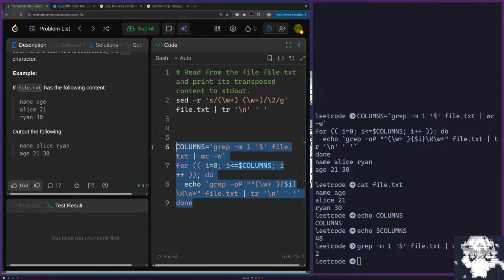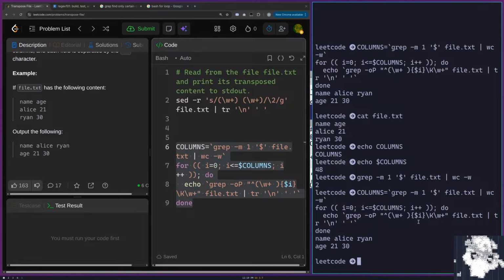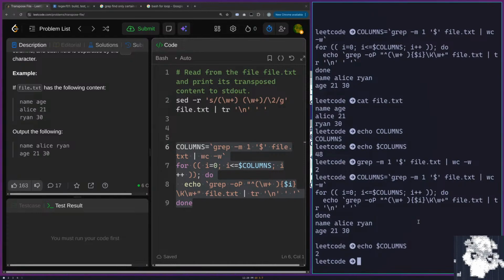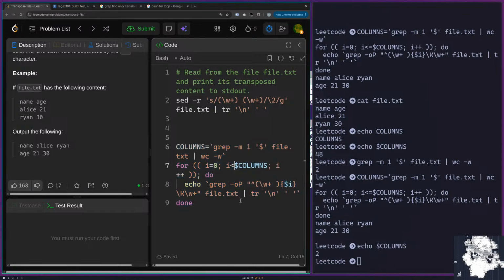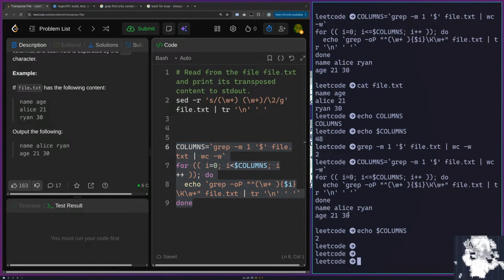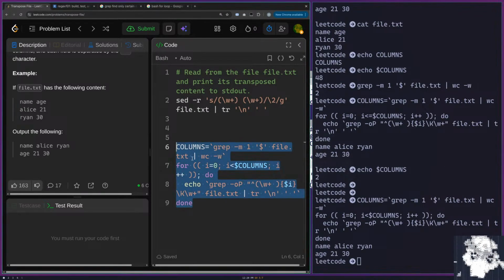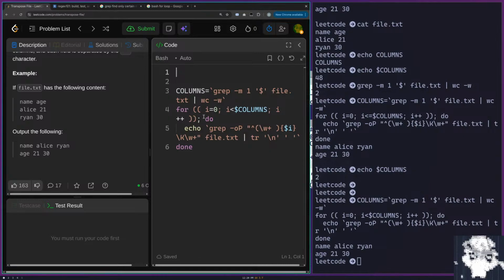What? Echo $columns. It is 2. Okay. Where's the extra new line coming from? Oh, should I just do strictly less than columns? I forgot how regular programming worked for a minute. Okay, let's submit this.